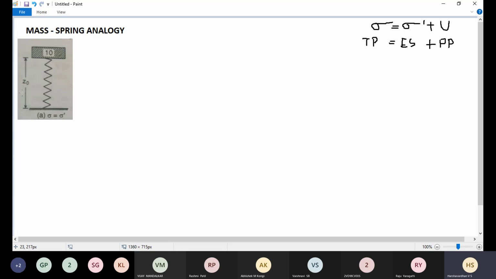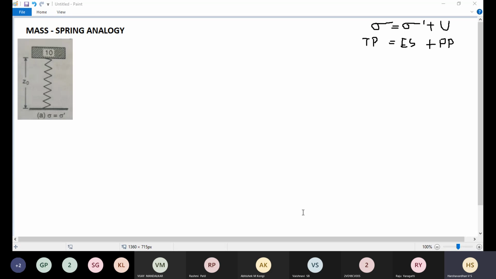Now here the stress due to weight of 10 units is entirely borne by this spring. So total stress is equal to sigma dash. Sigma dash is the stress carried by the spring.